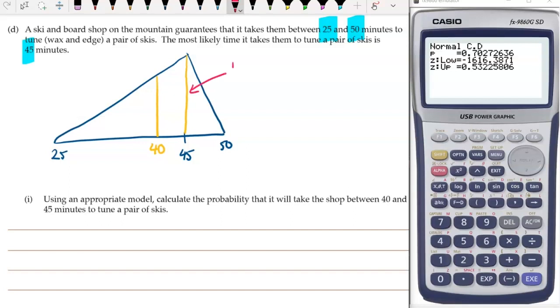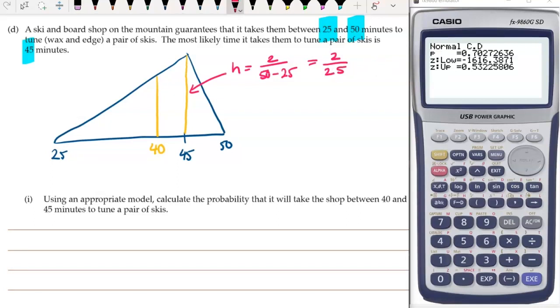Now, height is 2 over b minus a. B is 50, a is 25, so it's 2 over 25, or 1 over 12.5, if we want to do it that way. I'll probably leave it as 2 over 25, just as neat to not have a decimal inside of a fraction.